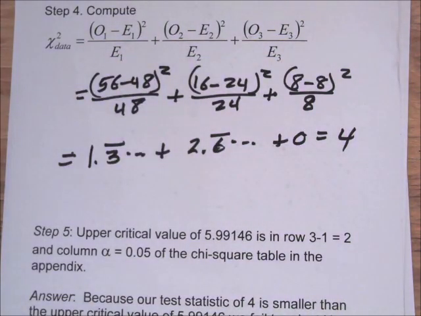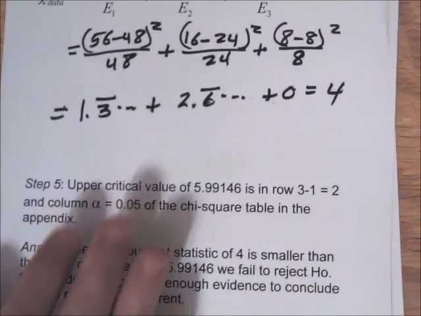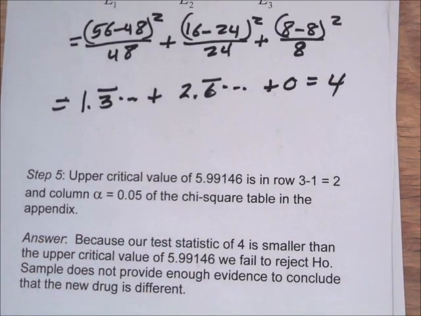Because our test statistic of 4 is smaller than our upper critical value of 5.99, we fail to reject H naught. The sample does not provide enough evidence to conclude that the new drug is different. Okay, and that concludes this presentation.